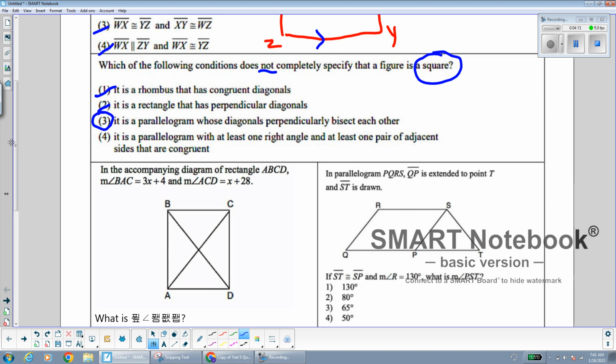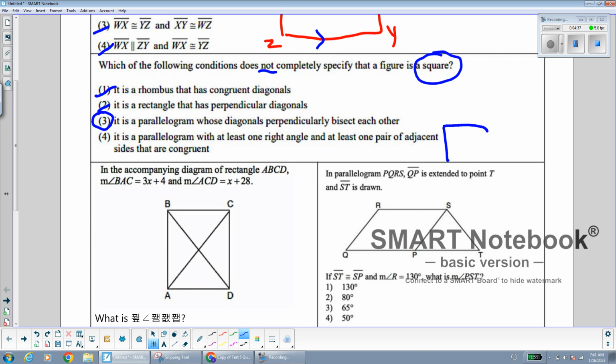Remember, in order to be a square, it needs to be both a rhombus and a rectangle. And now let's check out why number 4 is not the correct answer. It's a parallelogram. Okay, so we still need rectangle and rhombus with at least one right angle. Oh, we know that a parallelogram with a right angle is a rectangle. That means all the angles are right angles. So we got the rectangle property. And at least one pair of adjacent sides that are congruent.